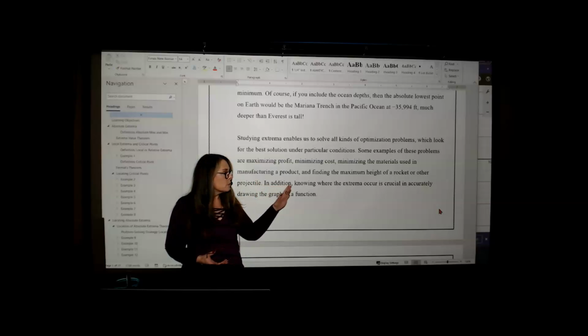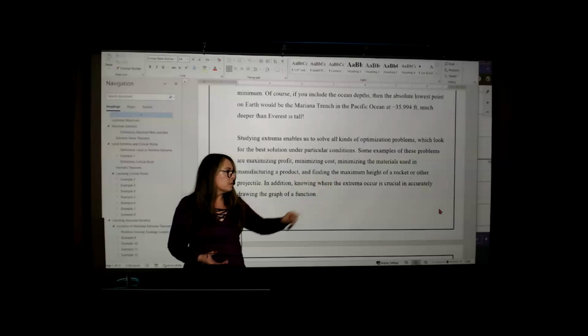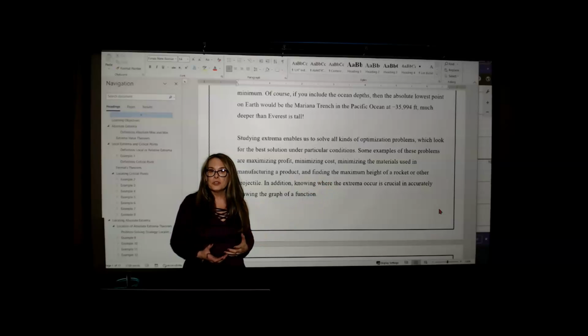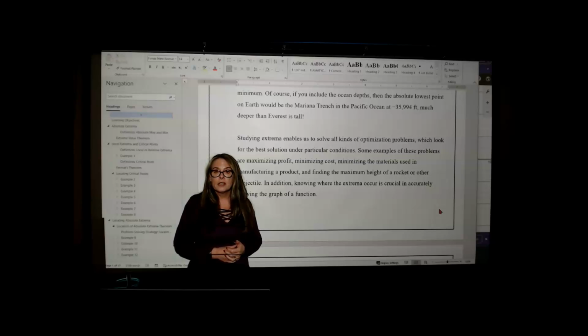In addition, we want to know where the extrema occur. This is crucial in accurately drawing the graph of a function. We'll be exploring drawing the graph of a function more in sections 4.5 and 4.6.